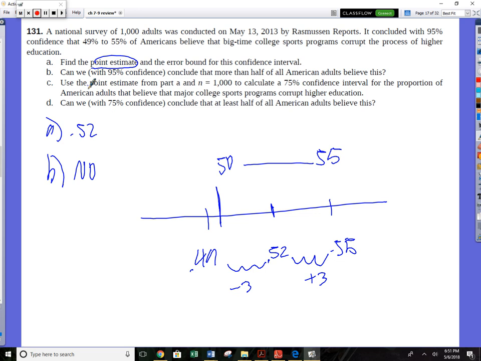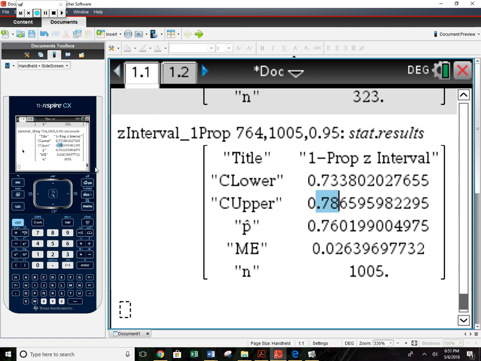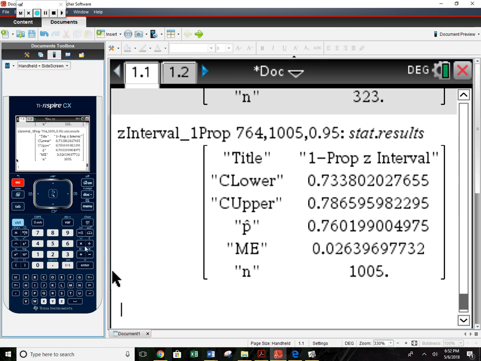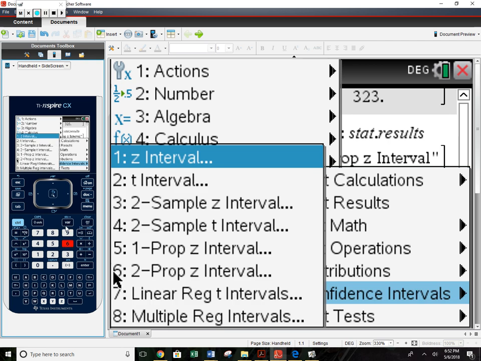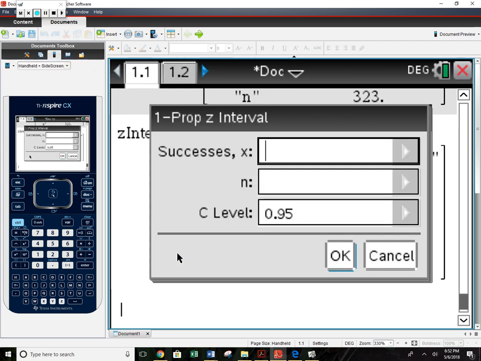C, use the point estimate from part A and a sample of 1,000 to calculate a 75% confidence interval. Okay, 75% confidence interval. So we're going to go menu, 6, and we're going to do a prop test. 75% of 1,000, so that's going to be 750 successes.